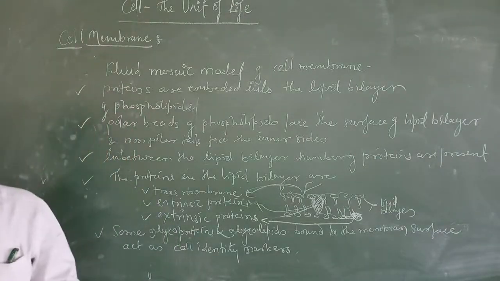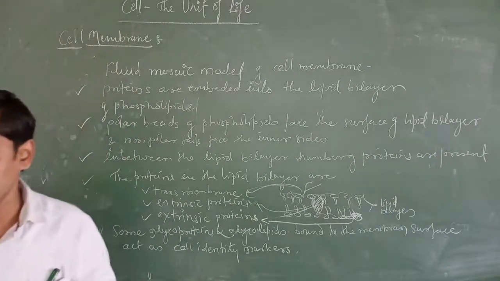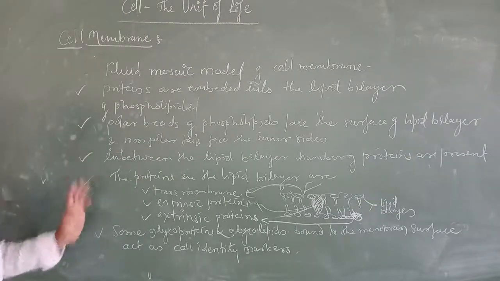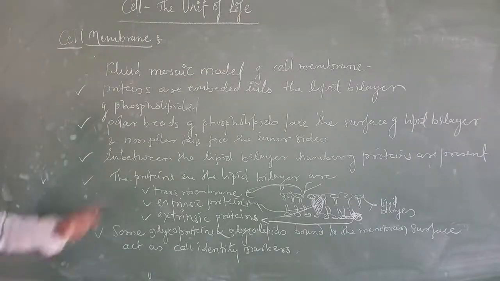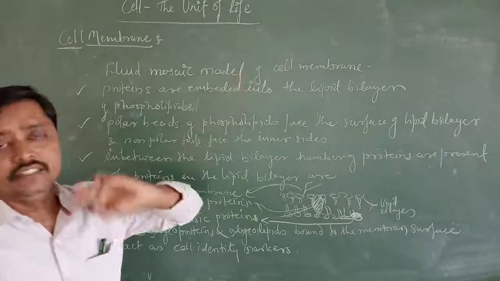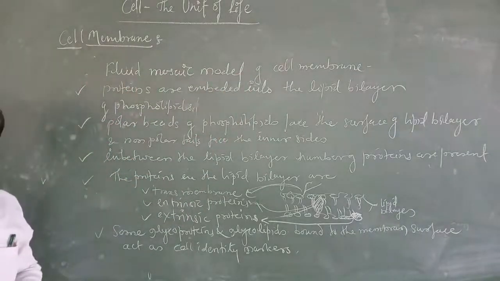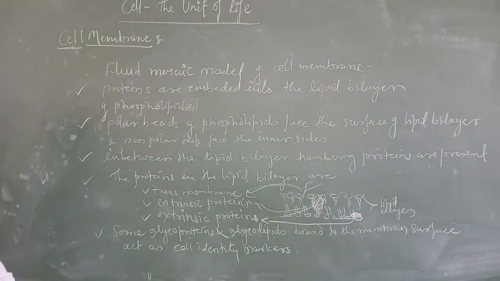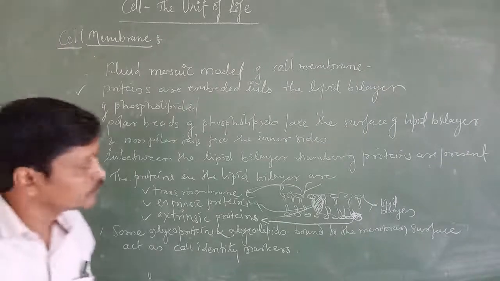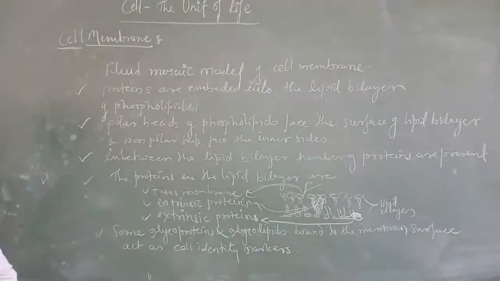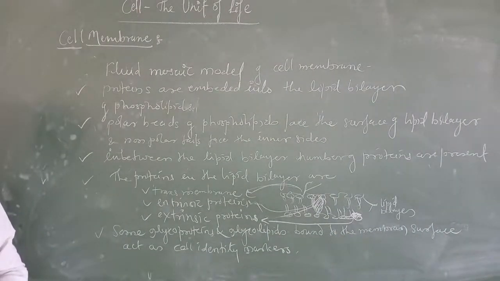In the final examination, a question is going to be asked based on this concept of the cell membrane, in the sense the fluid mosaic model of the cell membrane. For a 5 marks question, with a neat labelled diagram, explain the fluid mosaic model of the cell membrane. At that time you are going to draw the diagram. Afterwards, you start with: the fluid mosaic model was discovered by Singer and Nicholson in 1972.